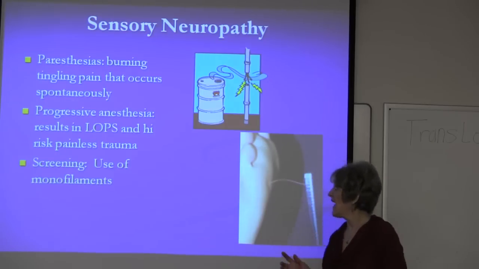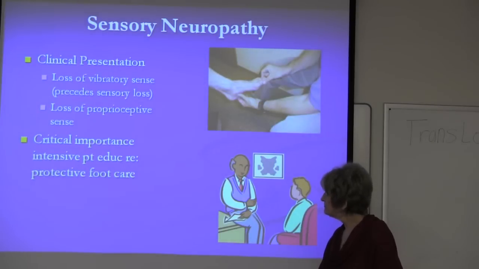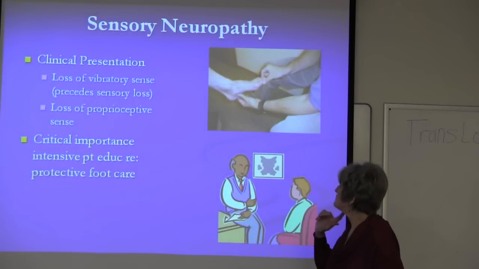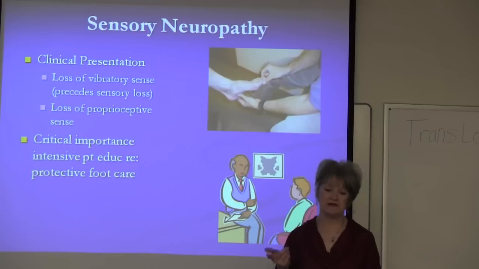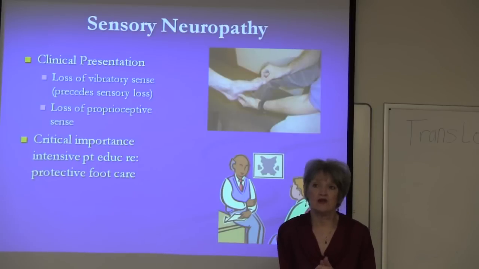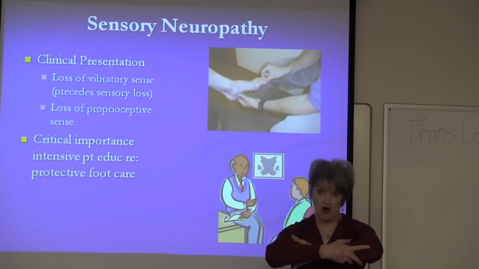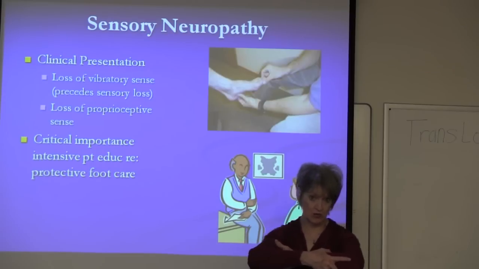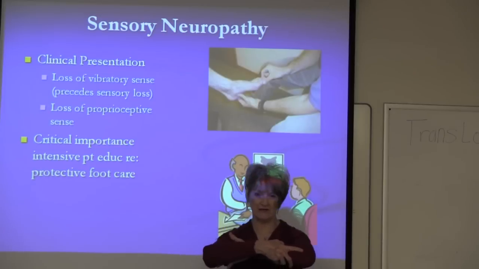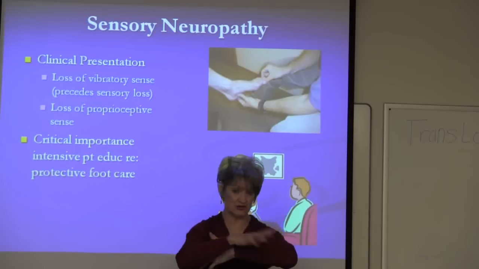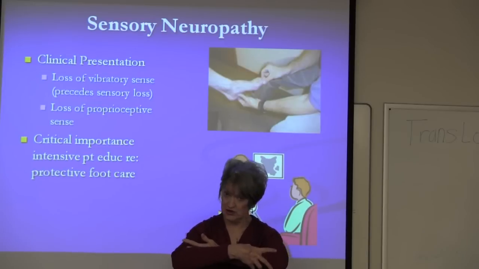Now, the other thing that can happen is they can lose position sense or proprioceptive sense. And you think when you're going down the steps, this is a good example, and you've got your arms full, so you can't really see where your feet are, and you know how you kind of feel your way down the steps because you're not holding onto the side rail and you can't see your feet.